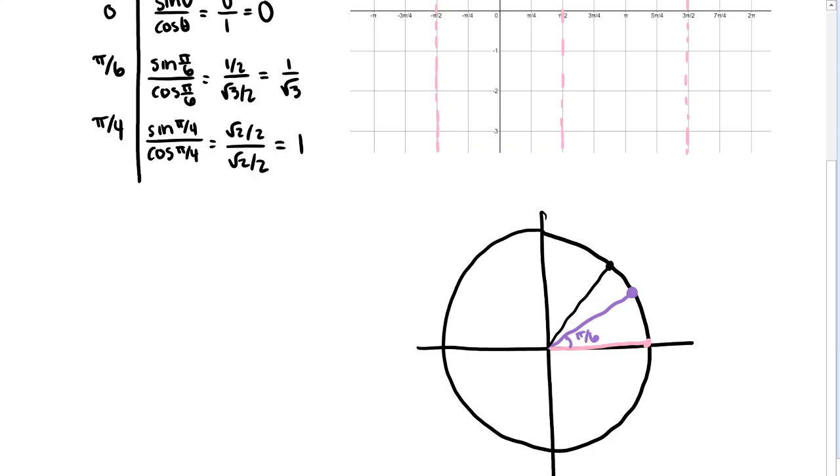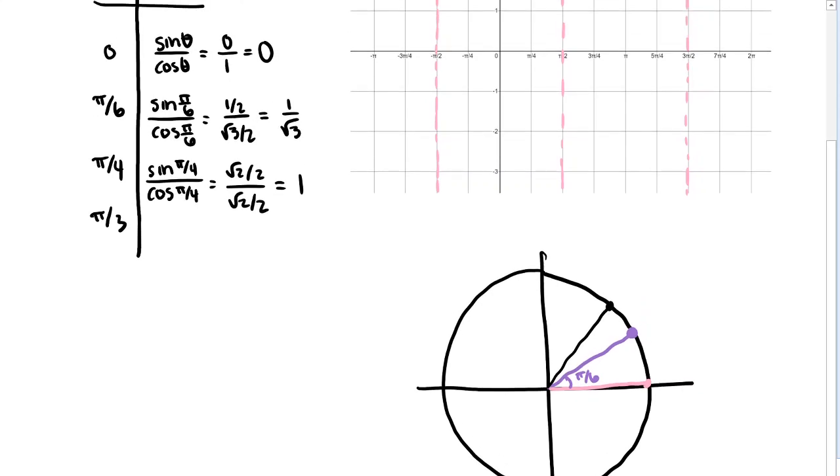Okay, and then pi over 3. It's kind of like our pi over 6 computation, but in reverse, right? So sine of pi over 3 divided by cosine of pi over 3. This is the square root of 3 over 2, right? That's the y value of our 30, 60, 90 triangle fit into this picture, this point here.